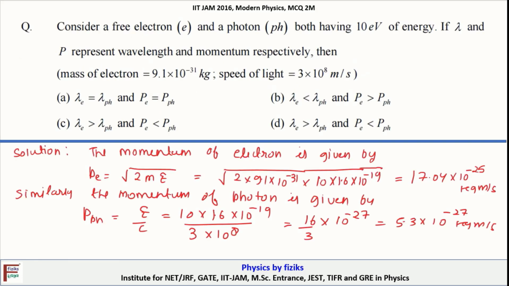Thus, lambda of E is less than lambda of PH and P of E is greater than P of PH, so our option B is correct.